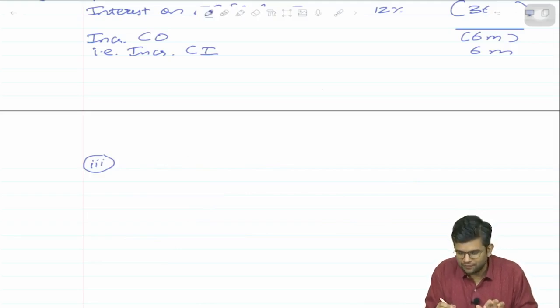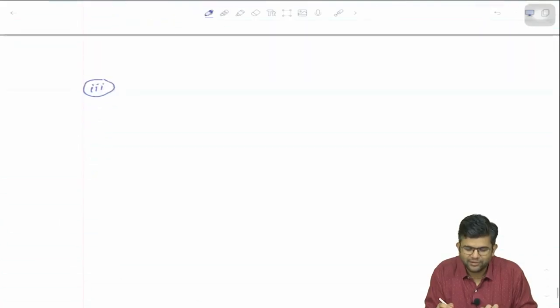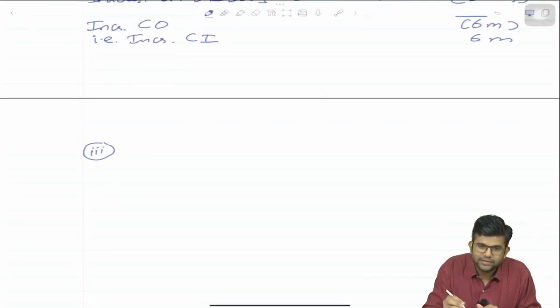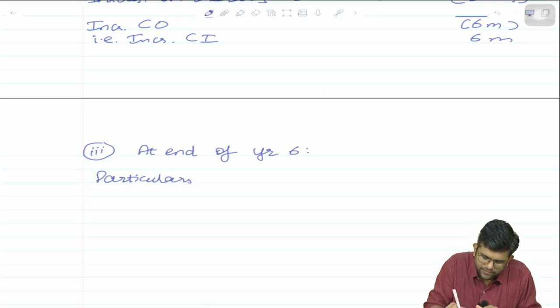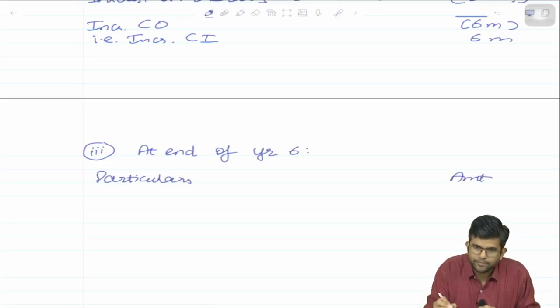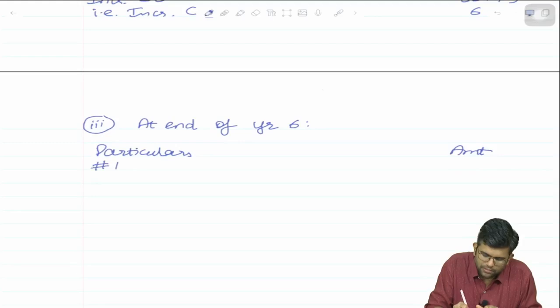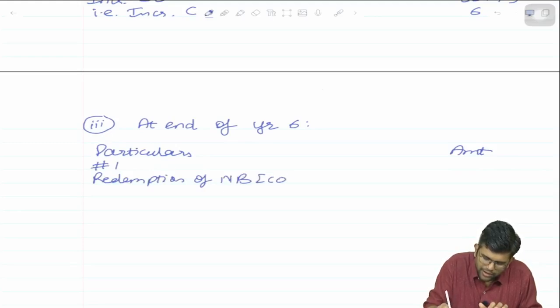I am just getting a little funny feeling on the pen, that is why I am just trying to see if it's proper. Anyways, so point number 3. At end of year 6, particulars, amount. Story number 1. Redemption of new bond. Cash outflow for us is 300 million.